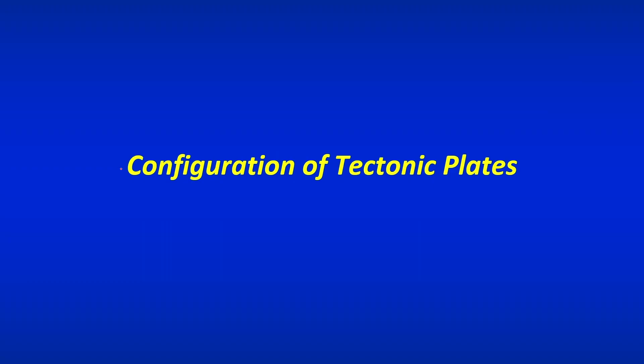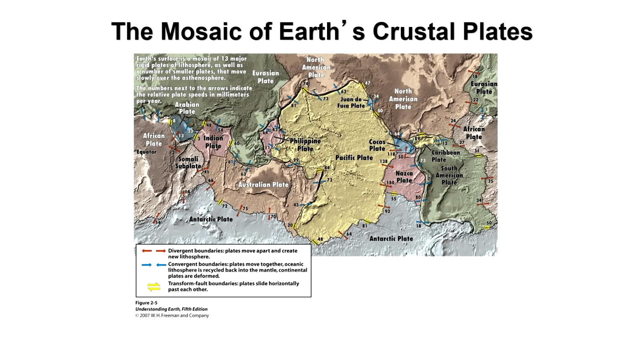Okay. Now, the configuration of the tectonic plates, just briefly we can look at, and then we move to the new topic. So we have this mosaic of the Earth's crustal plates, and the red arrows show the divergent plate boundaries in the figure here. In many places you will see that.